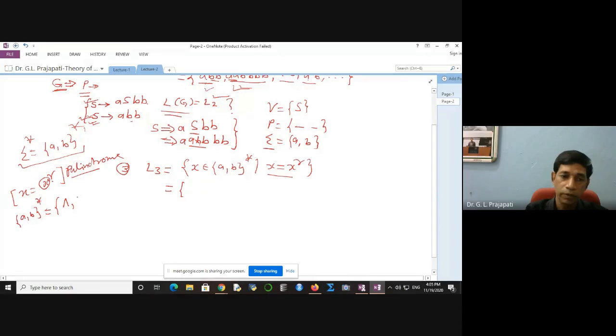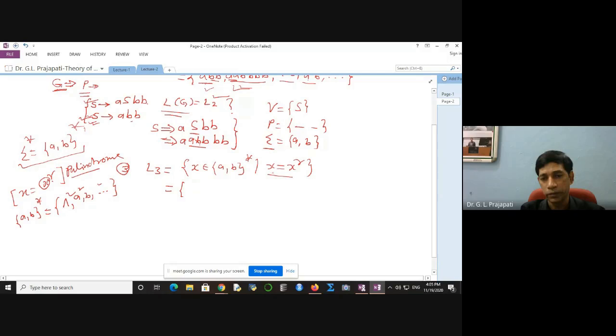If it is 1, then you will have A and B, and like this it denotes all possible strings of length 0, 1, 2, 3, 4, 5, 6 and so on. Since X belongs to {A,B} star, it means here you have the null string also.